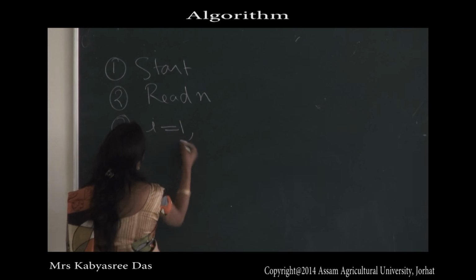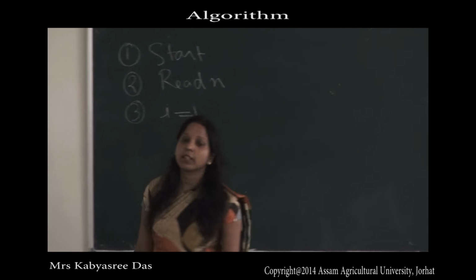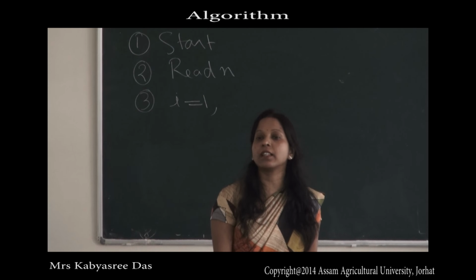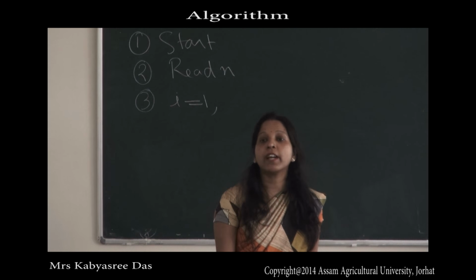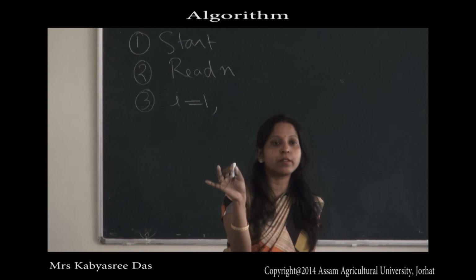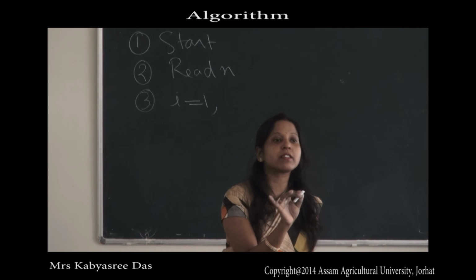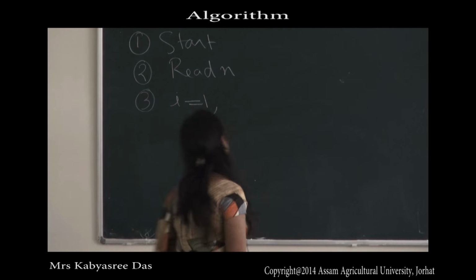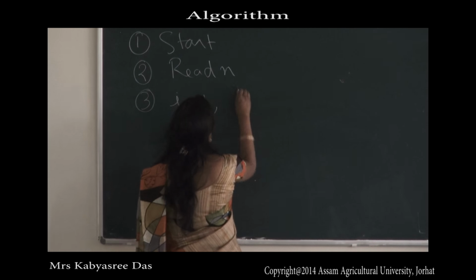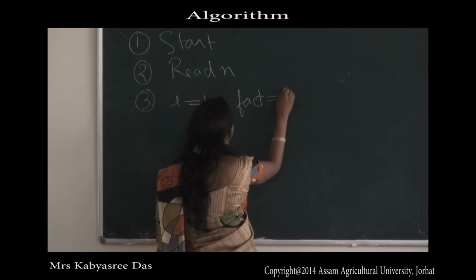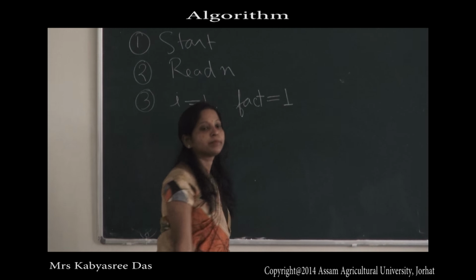Is I equal to 1? That means it is for multiplication, it is a product. So you initialize the variable by 1. For finding summation, you initialize the value by 0. For multiplication, initialize it by 1. Suppose you take one variable, fact, and initialize it by 1.